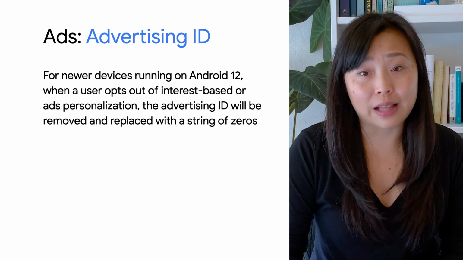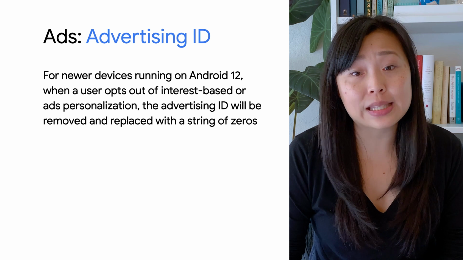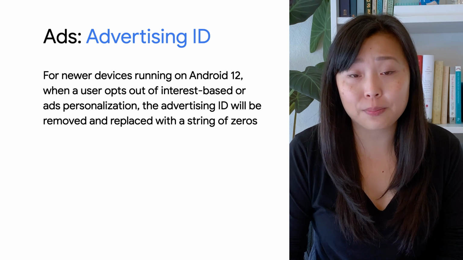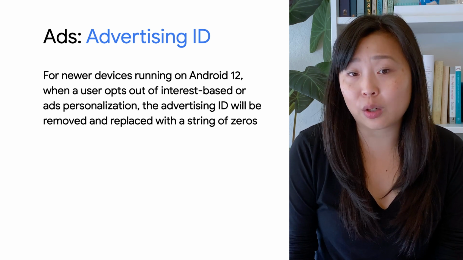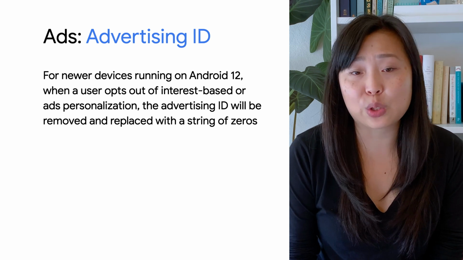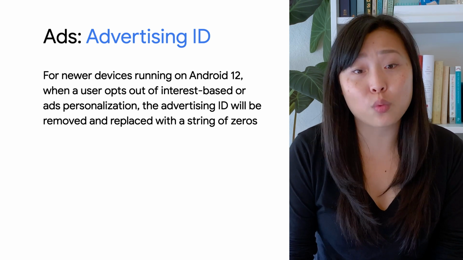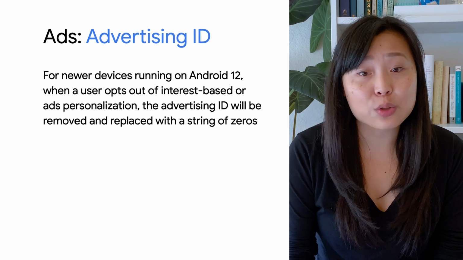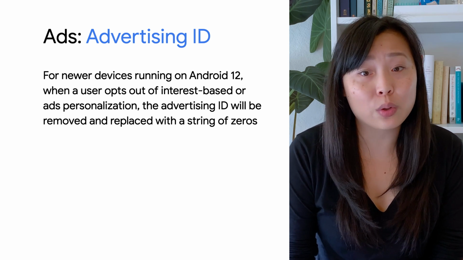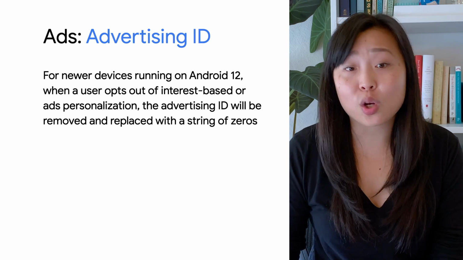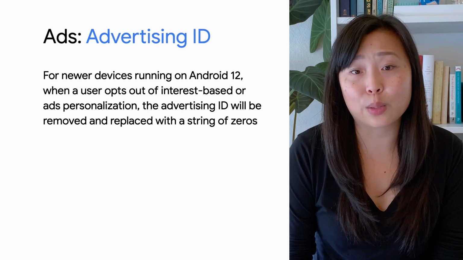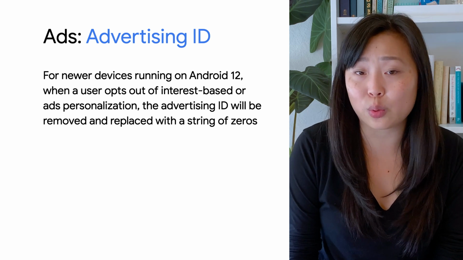Instead of receiving a flag when a user opts out of interest-based advertising or ads personalization, their advertising identifier will be removed and replaced with a string of zeros. This Google Play Services phased rollout will affect apps running on Android 12 devices starting in late 2021, and will expand to all apps running on devices that support Google Play in early 2022.